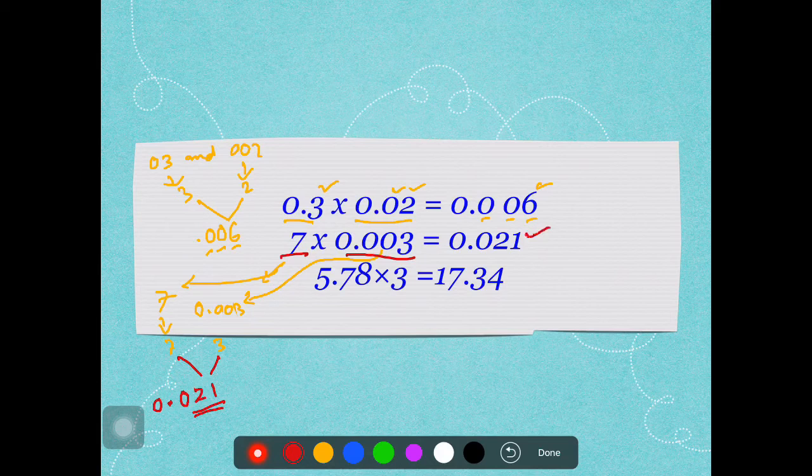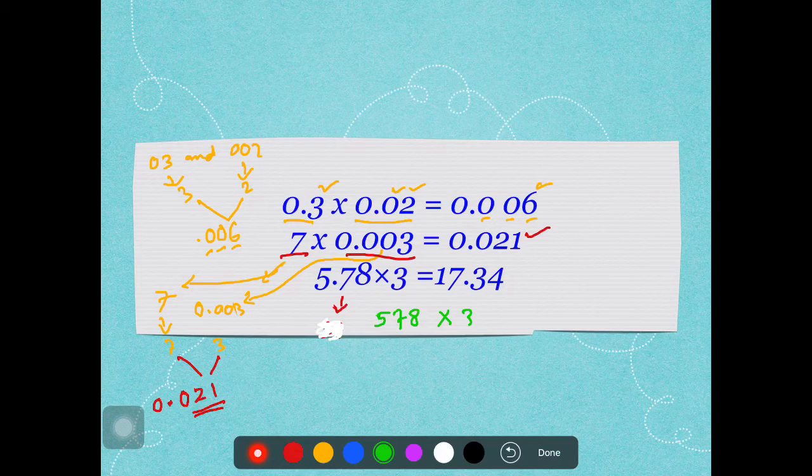Now let us look at the third example. Here we have 5.78 into 3. And if you delete the decimal here, you get 578. And here you have 3.